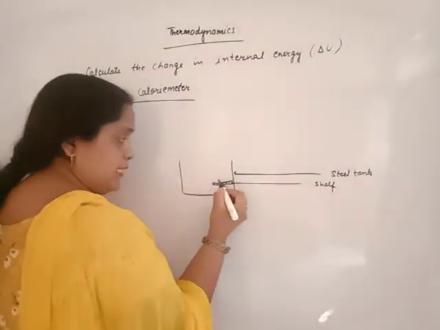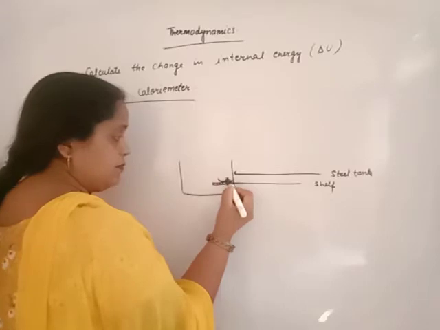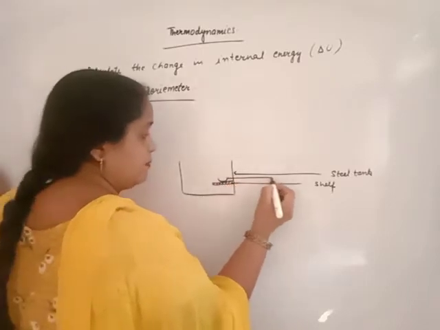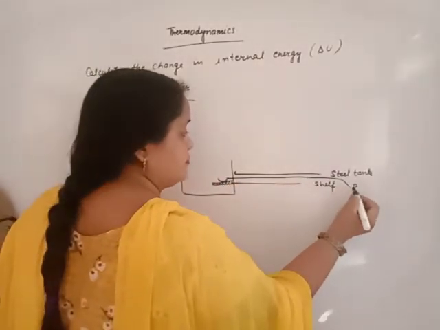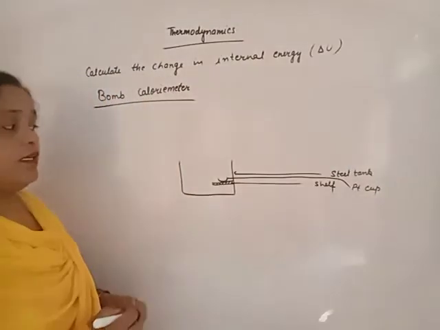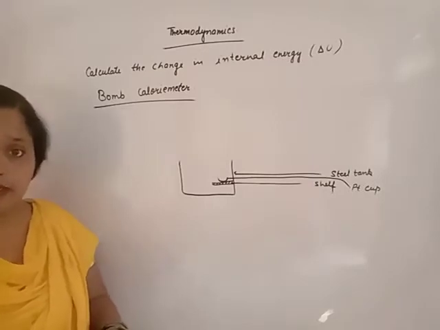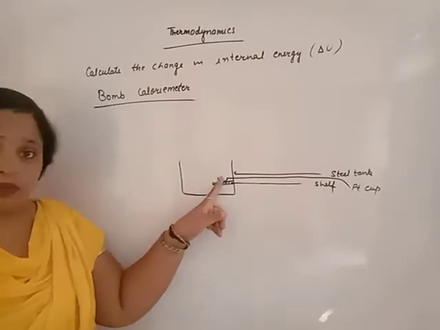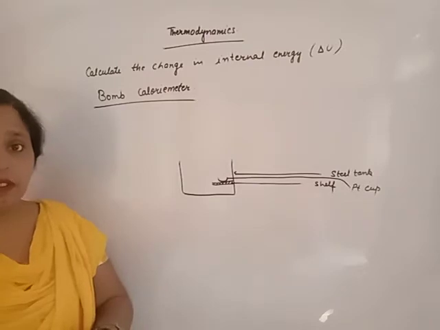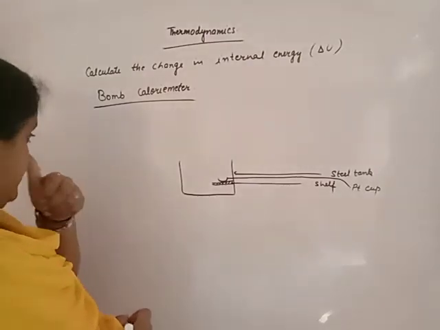On the shelf, a platinum cup is placed, in which the known amount of substance whose internal energy we want to calculate will be put.